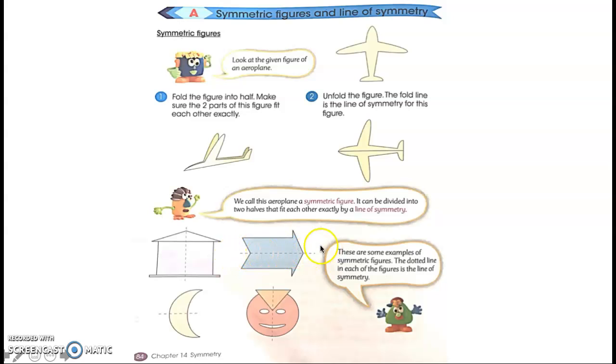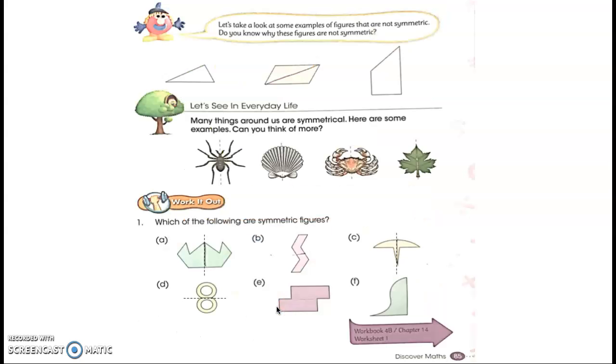Now, like this arrow, if I fold this arrow from here, I can overlap the two parts without deviating from each other, right? So this arrow is symmetrical, and this will be the line of symmetry. Even the half moon can be done like that, and this one is also like that. So I hope you understood how a figure can be symmetrical and how to identify the line of symmetry.